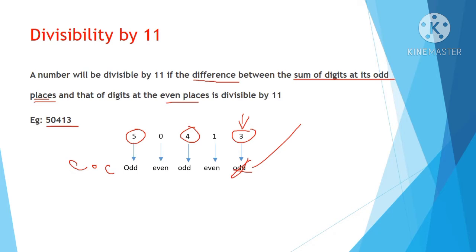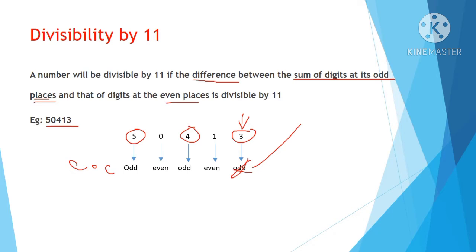Now I'll read the definition. Now that you have understood, what is the first thing you do? You write down the number, find the odd places and even places, and note down the numbers in the odd places. Here I have circled the numbers in the odd places.